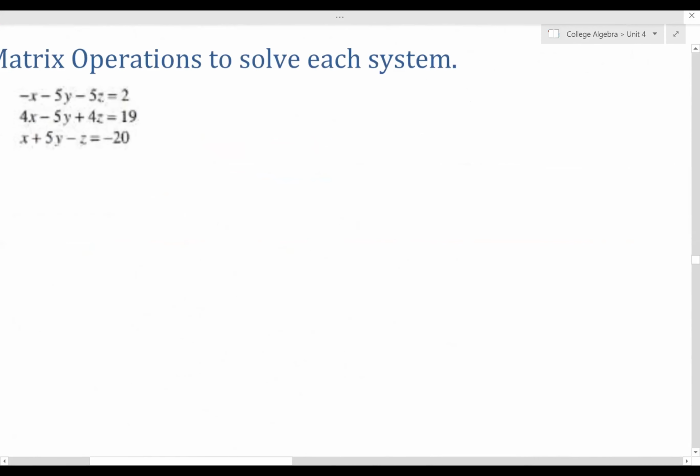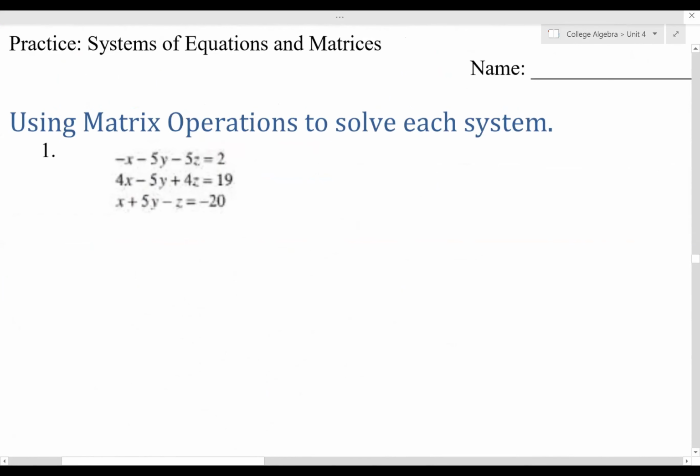So on the next page, let's go ahead and just look at example 1. So here we have the system negative x minus 5y minus 5z equals 2. Okay, so I'm going to write the augmented matrix for that row. So it would be negative 1, negative 5, negative 5, vertical line where the equals goes, and then the 2. So that's row 1.